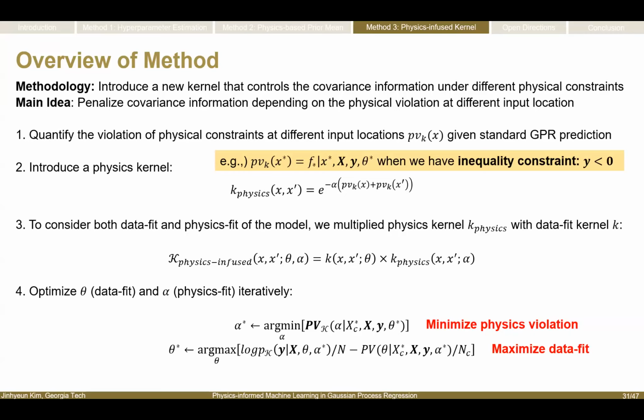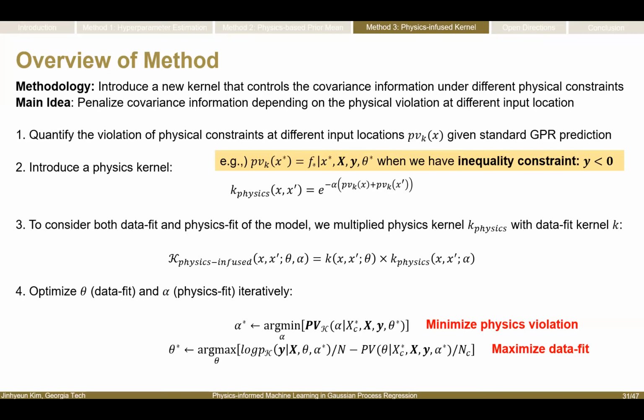Is it sufficiently parameterized so that it can get the physics knowledge? You mean for the equality constraint? For the mass balance equation? Yes, exactly. For the equality constraint, I will discuss them later.